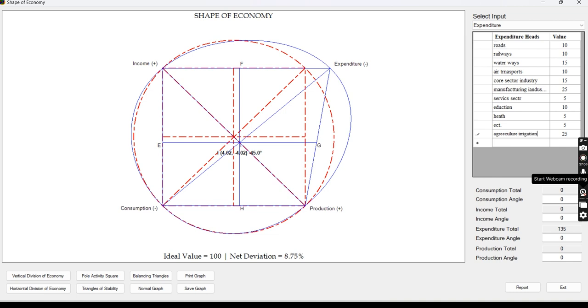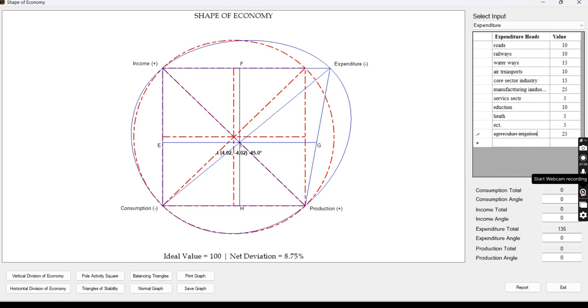It can be expressed in terms of monetary value; it may be 10 lakhs, 10 crores, 1 million, 100 million, or a billion, whatever value you assume you want to incur as expenditure.